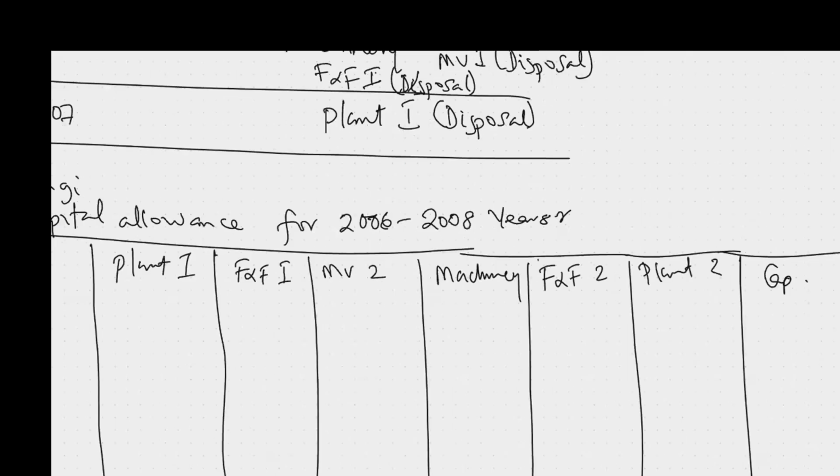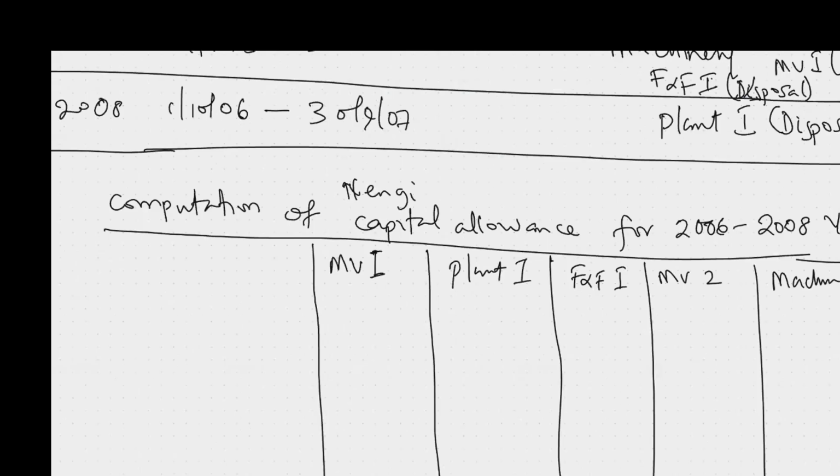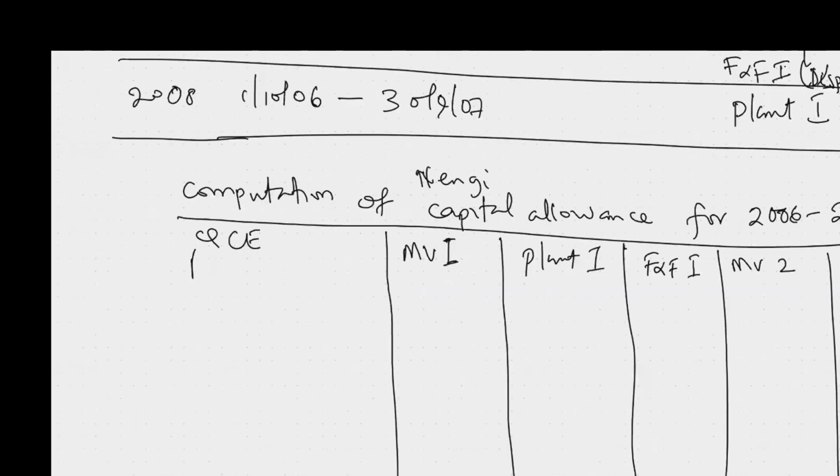So QC with initial allowance and annual allowance. We know that for this, 50%, 25%, 50, 25. Which ones? 25, 20.